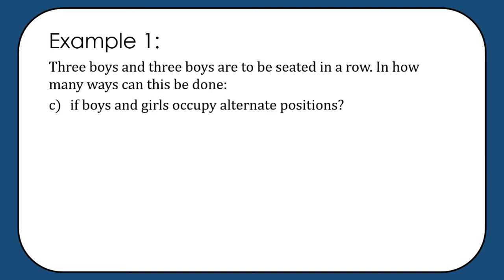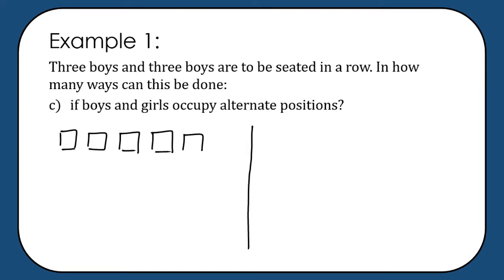Same problem, 3 boys and 3 girls are to be seated in a row. In how many ways can this be done if boys and girls occupy alternate positions? Okay, so there's 2 ways to think about this kind of problem. The first is, again in both cases we're going to think about our 6 positions and how we might logically think that through. So we've got 6 positions, and we need to alternate.